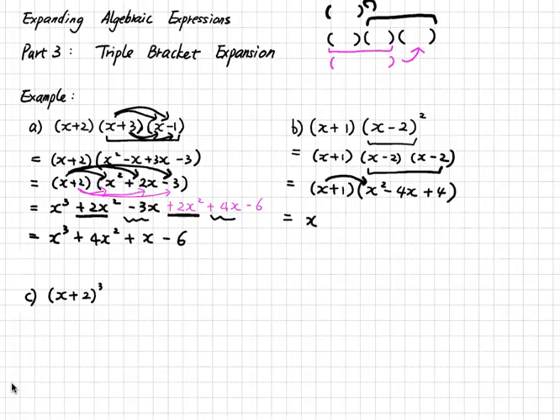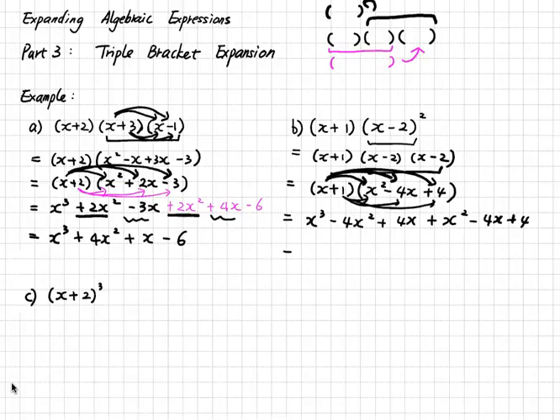So you have x times by x squared, which is x cubed, x times by negative 4x, negative 4x squared, and plus x times by 4 is 4x. And now we're going to look at the 1. So 1 times every single term is just itself. So we have x squared minus 4x plus 4.